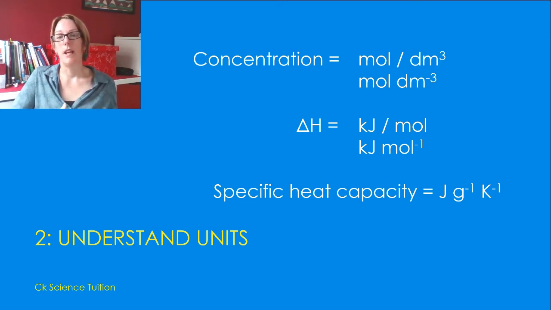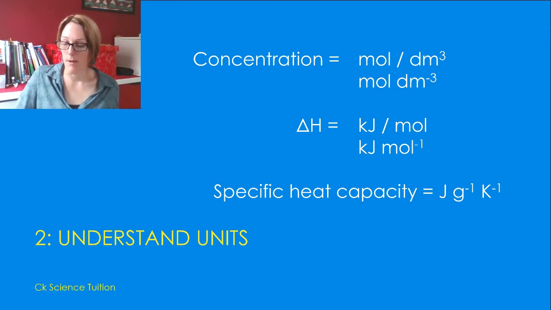It's telling you how many joules are needed per 1 gram, so per gram, per degree Kelvin. So if I had 20 grams and it raised the temperature by 10 degrees, if I multiply the specific heat capacity by the grams and the degrees, I'll be left with joules. So it tells you how to rearrange the equation.